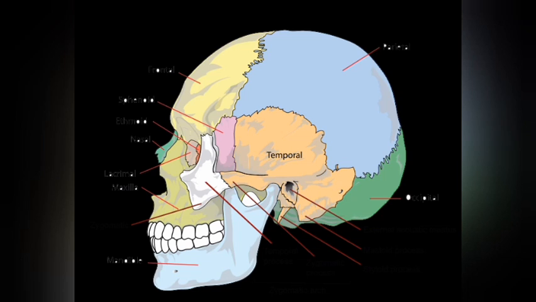The bones making up the base of the cranium are one frontal bone, one occipital bone, the sphenoid bone, the ethmoid bone, and the temporal bone. So we are able to discuss the bones that make up the cranium.